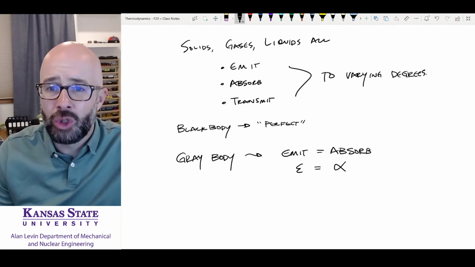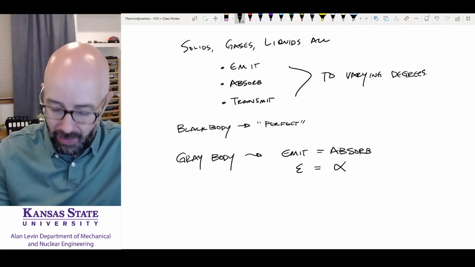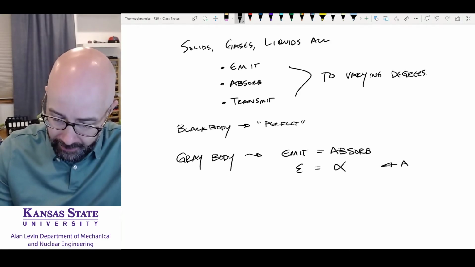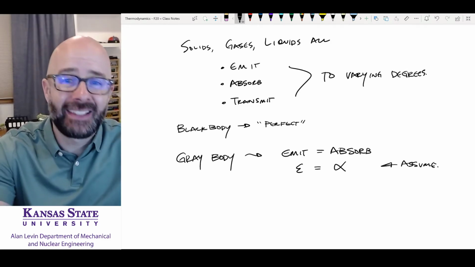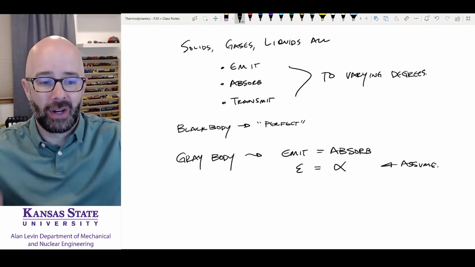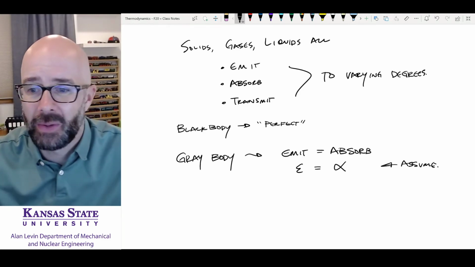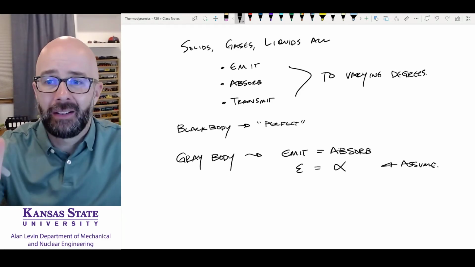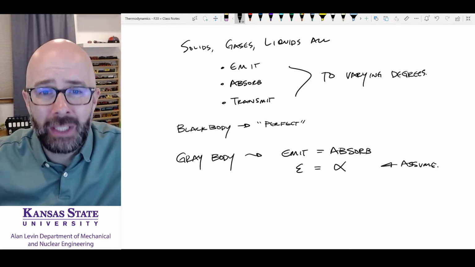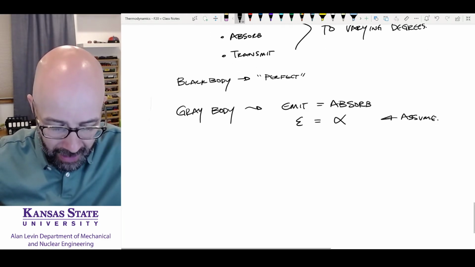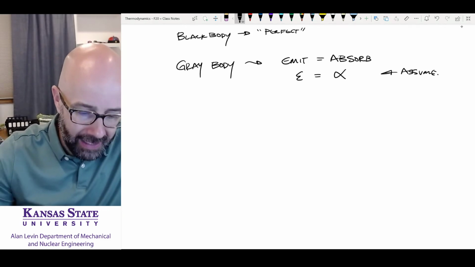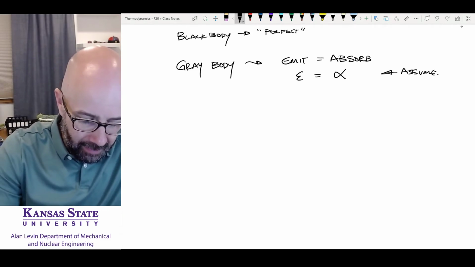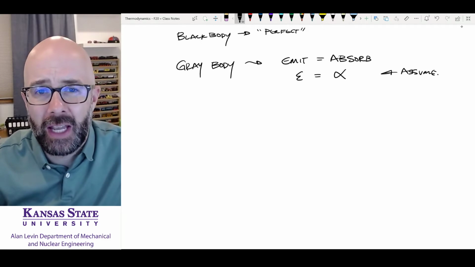This is an assumption that we make. Okay, and you know what that does? That vastly simplifies our understanding in this class. You may not appreciate that, but that's a really big assumption that really changes the way we look at things here.